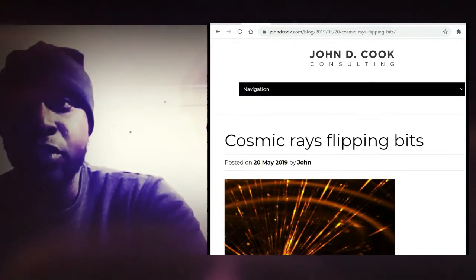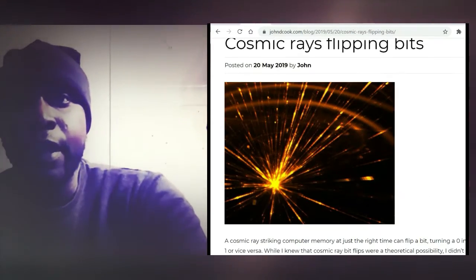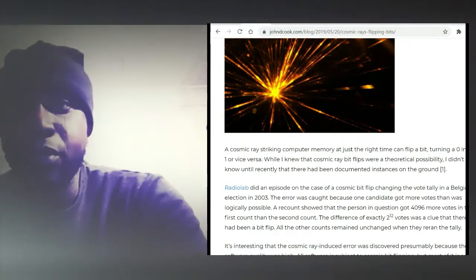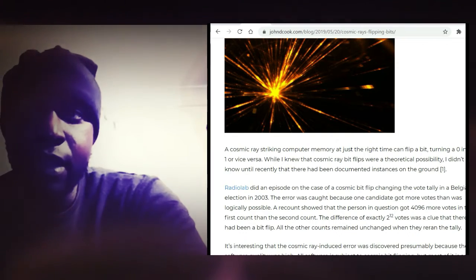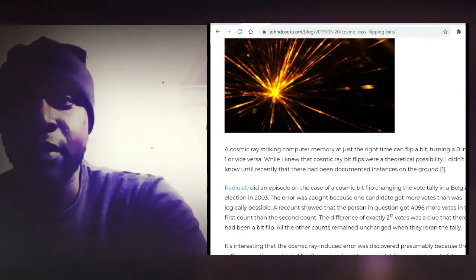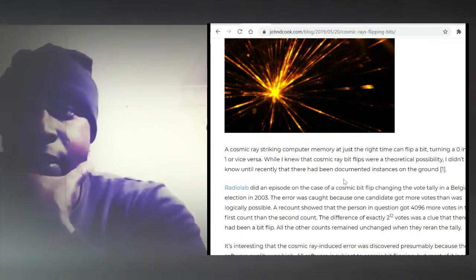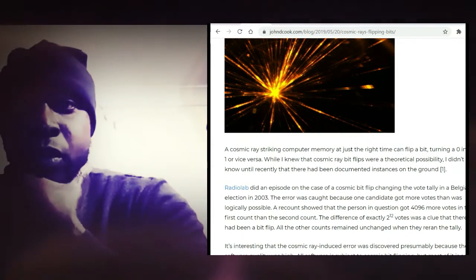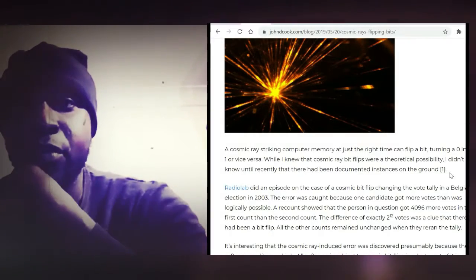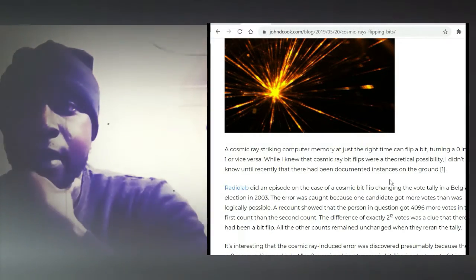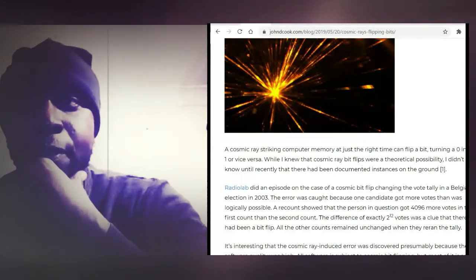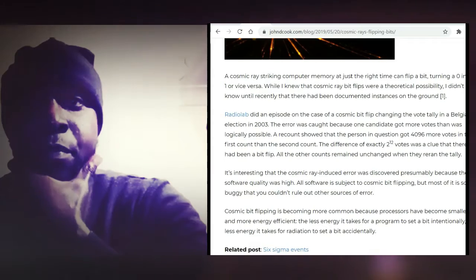This article by John D. Cook Consulting talks of a cosmic ray striking computer memory at just the right time and flipping a bit, turning a 0 into a 1 or vice versa. Whilst Bitflips are theoretically possible, he was describing a documented event of a Bitflip.